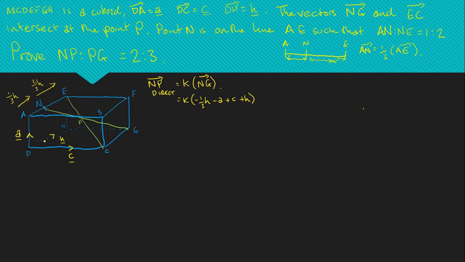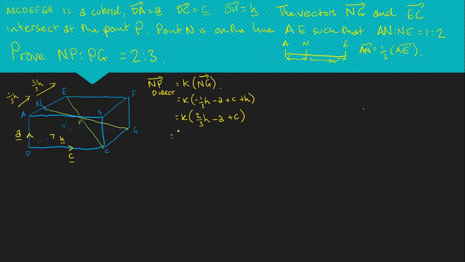Remember this is a cuboid and so this vector will be the same as this vector. Tidy that up just a little bit and you'll get k lots of negative 1/3 H plus H will be 2/3 H, minus A plus C, and then get it so that you've got coefficients of everything.